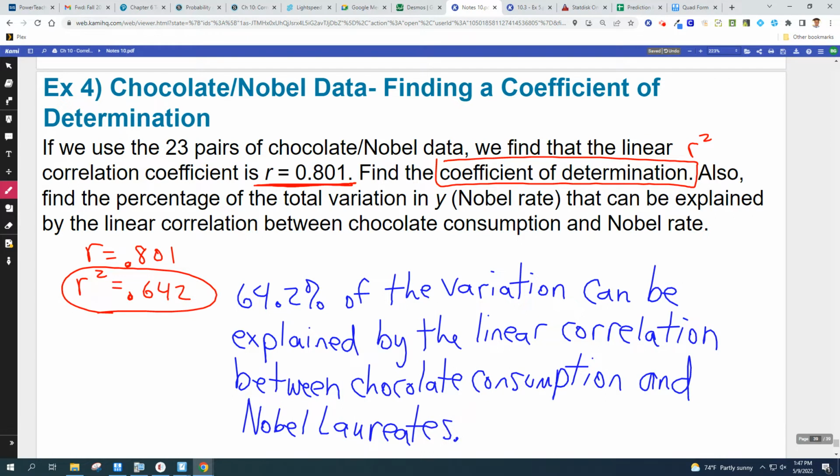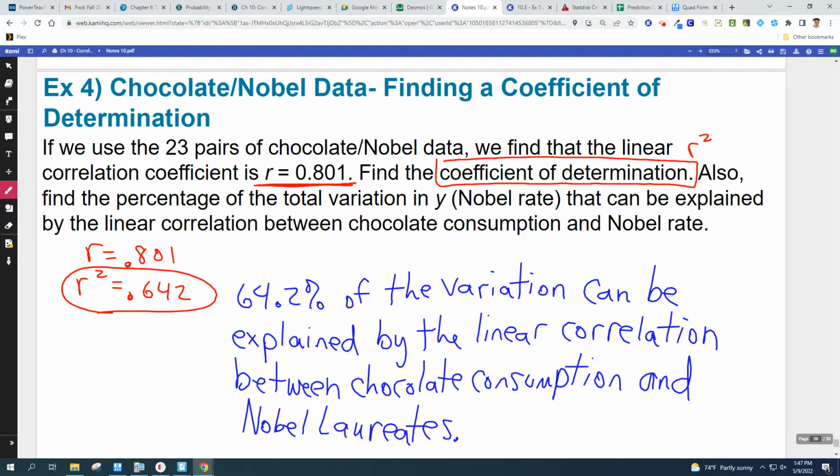So big picture, think about what we're talking about. This example we've kept coming back to, the same example about the chocolate and the Nobel winners, and we're talking about if I increase my chocolate consumption, does that increase the likelihood of winning a Nobel Prize? Well, those two things don't seem to be related, right? The more chocolate you eat, the more likely you are to win a Nobel Prize. That doesn't seem to make sense, right? But we know those two variables are correlated.